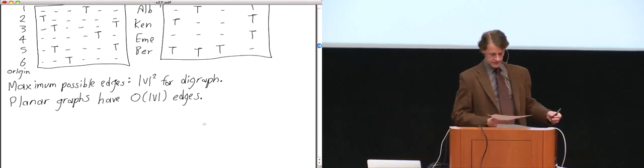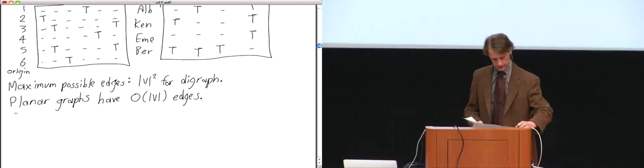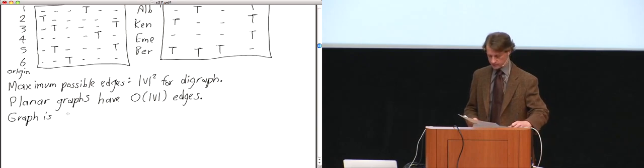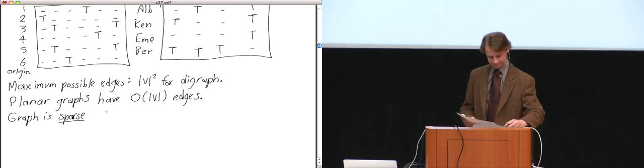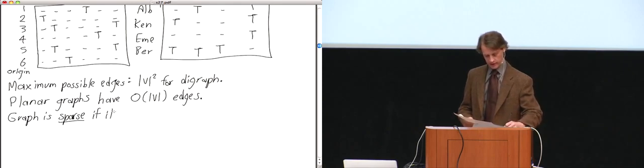So we say that a graph is called sparse if it has far fewer edges than the maximum possible value.